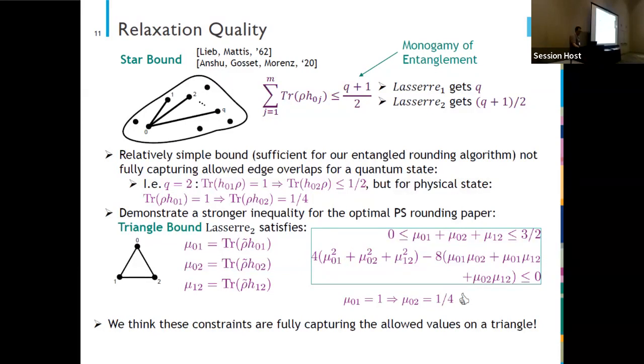And you can check by plotting these that these do respect the nice monogamy thing I was talking about before. So if you force mu01 to be 1, then it forces mu02 to be a quarter. And then we're pretty sure that these constraints are actually fully capturing the allowed values for a legitimate quantum state on a triangle.